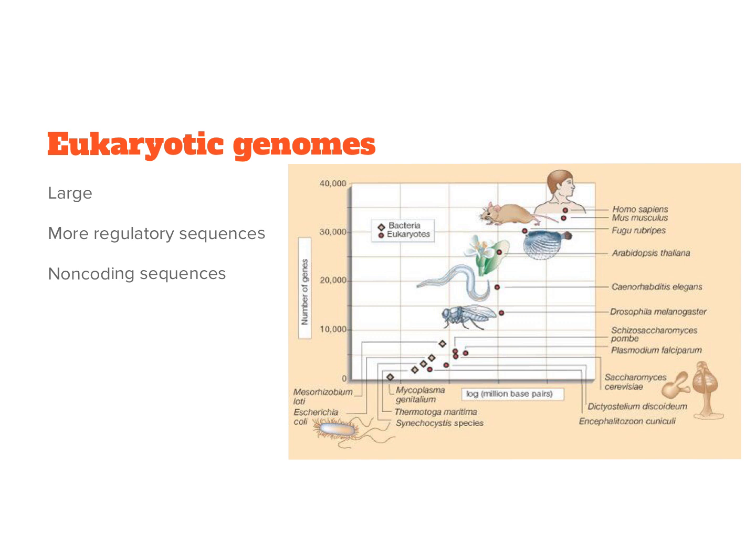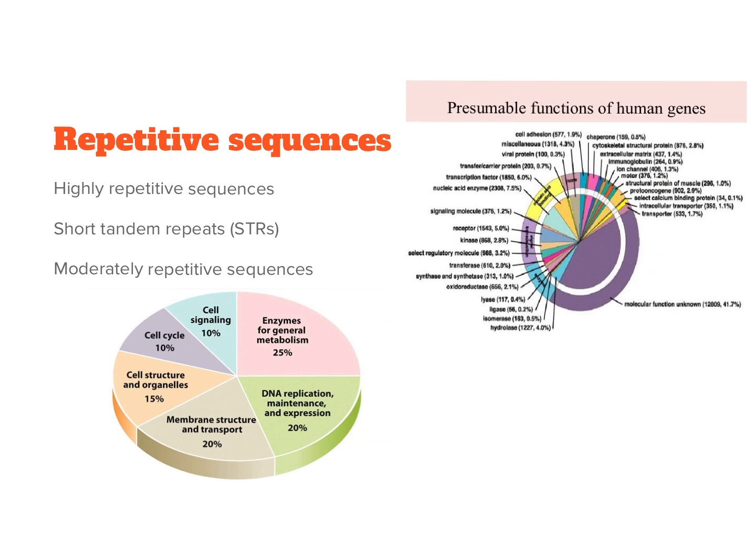Also, eukaryotic genomes have non-coding sequences, or DNA sequences that are not going to be transcribed into functional RNAs and therefore translated into proteins. Some of these non-coding regions are repetitive sequences. These are highly repetitive sequences that do not code for proteins.